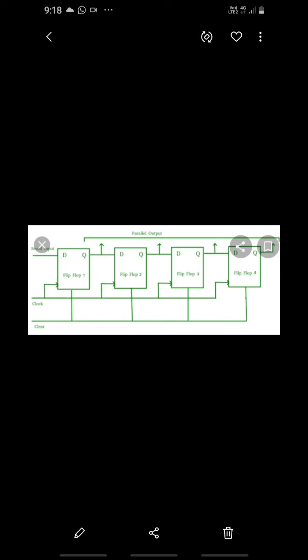The data is outputted from the Q3 terminal of the last flip-flop.